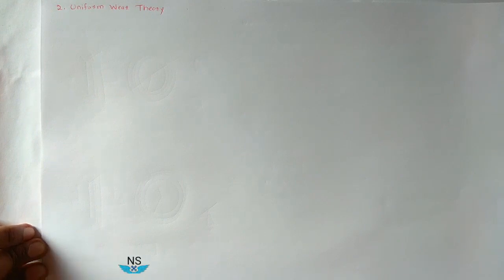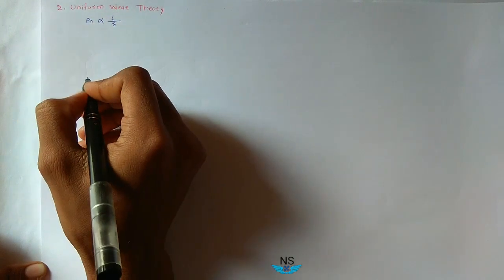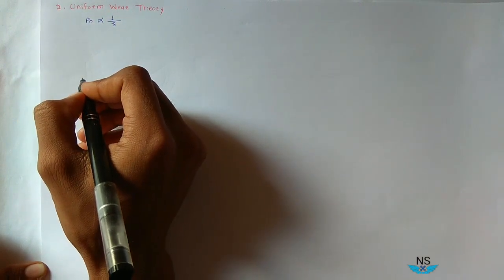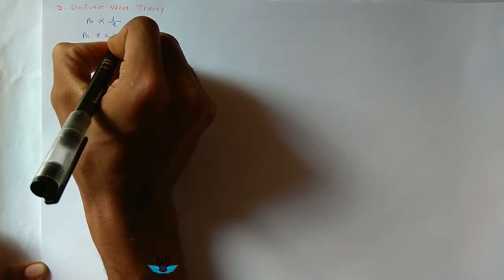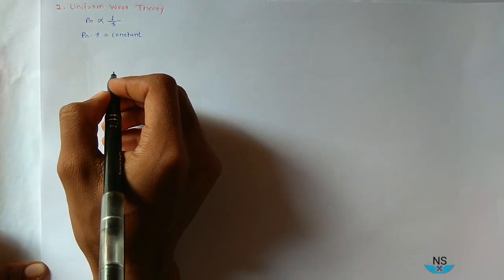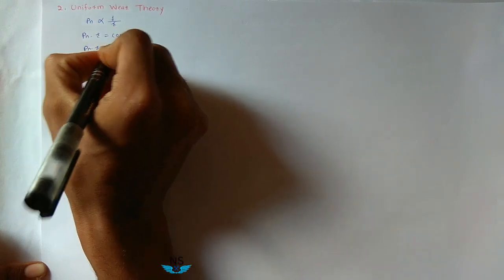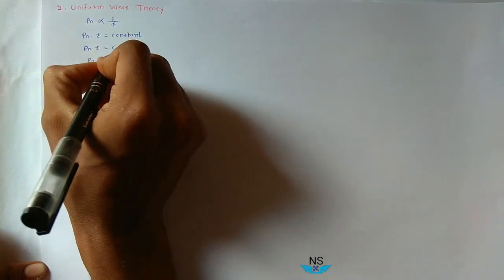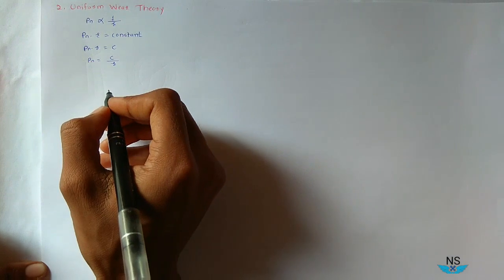So from previous derivation, for uniform wear theory, you know that normal pressure is inversely proportional to radius of the ring. So Pn into R is equal to constant. So Pn is equal to constant divided by R.